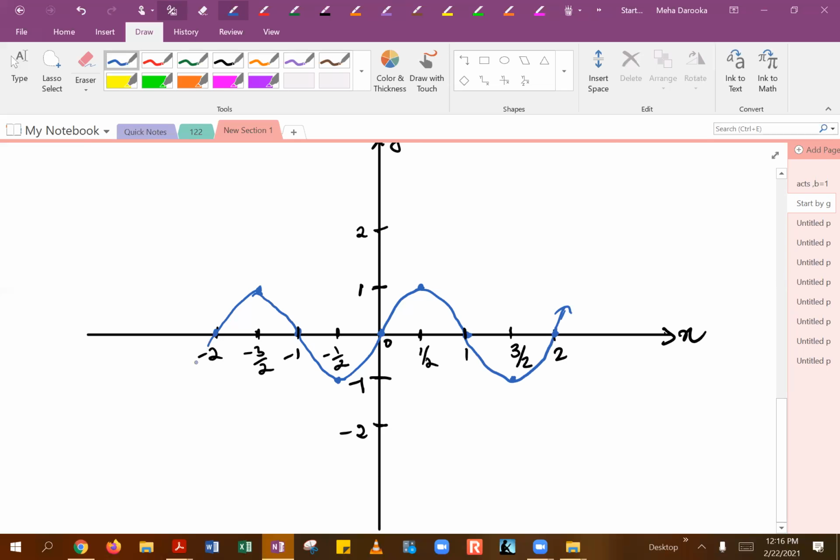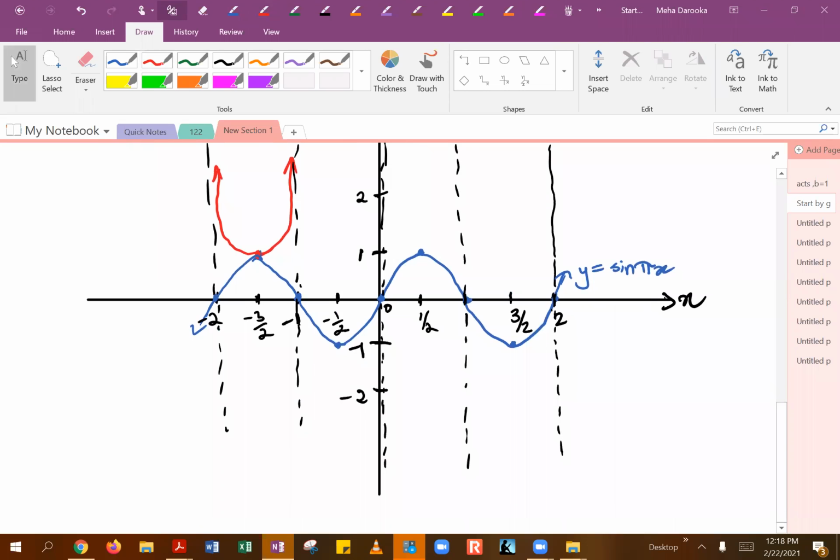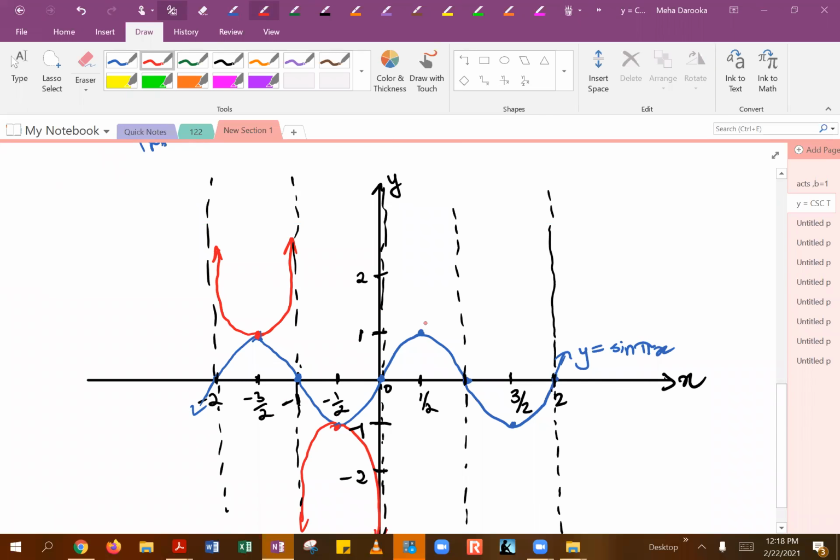So you now have a valley over here. Then our next, we have a valley on the sine function. So that will actually end up becoming a hill on the cosecant function. So this guy will now go down for both your arms. And of course, keep repeating that pattern over the different intervals.